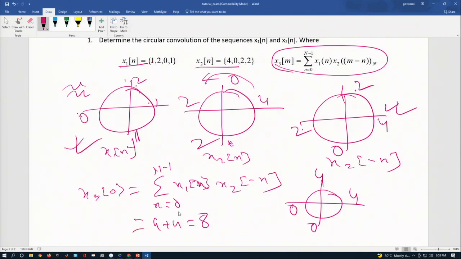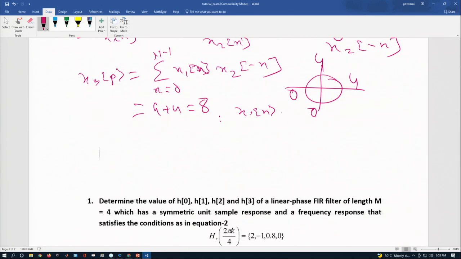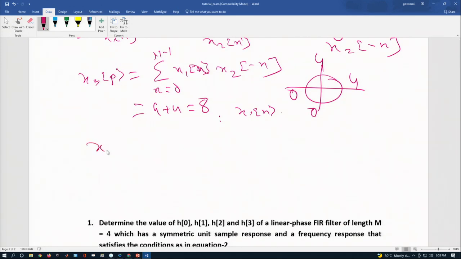Now, x3(1) is the sum for n equal to 0 to N minus 1 of x1(n) multiplied by x2(1 minus n).